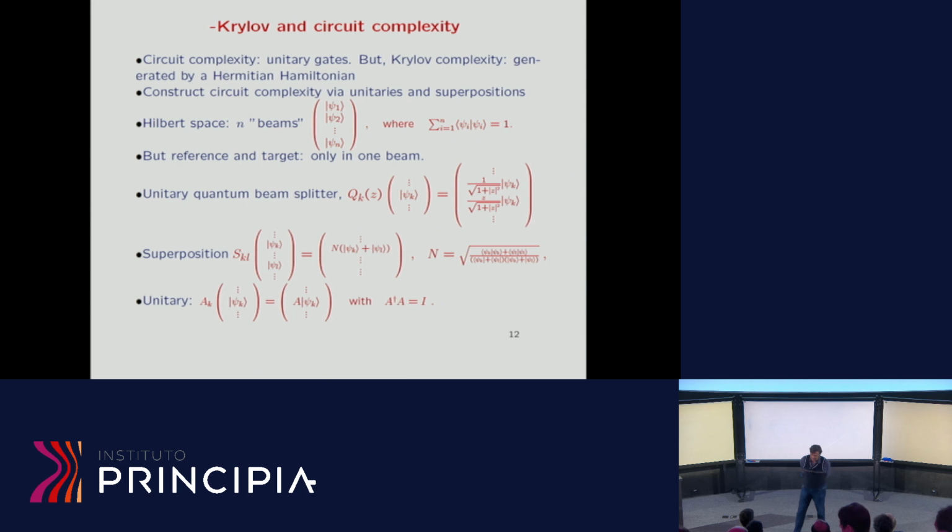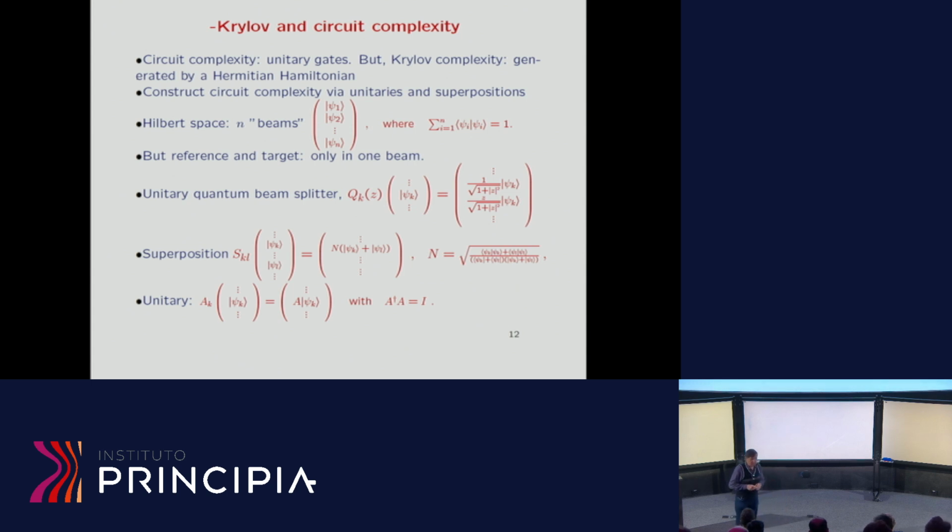So the circuit complexity is defined by a set of unitary gates, right? So we have a quantum circuit that involves some unitary gates, whereas Krylov complexity was generated by acting with a Hermitian Hamiltonian n times. So first, let's define the circuit complexity in a specific way. That's very essential.